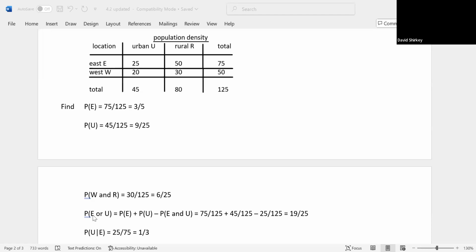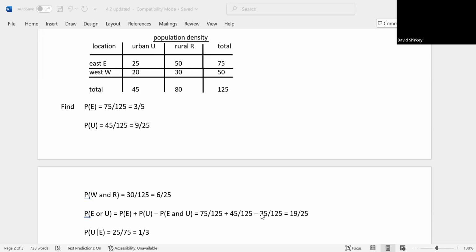What's the probability that it's east or urban? That's going to be the probability of east, which is the 75 over 125, plus the probability of urban, which is the 45 over 125, which you see right here. But then again, there's overlap there. So something's been counted twice.